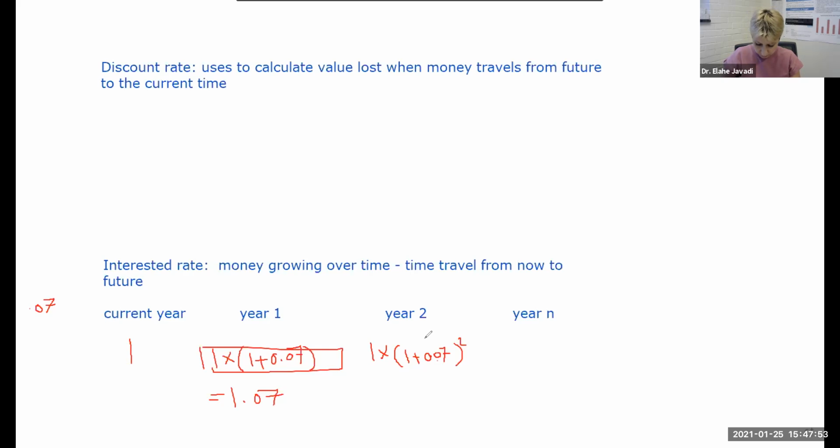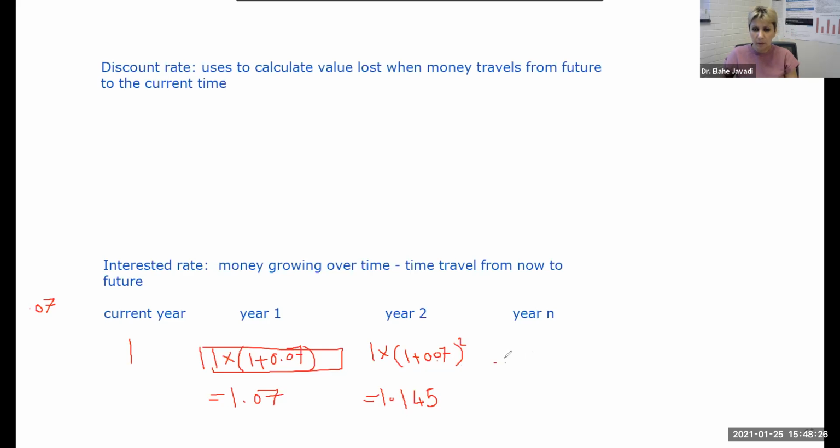So 1.07 times 1.07. They're multiplying. There is no addition. So 1.07 for year one, 1.145 or 14 cents and some for year two.